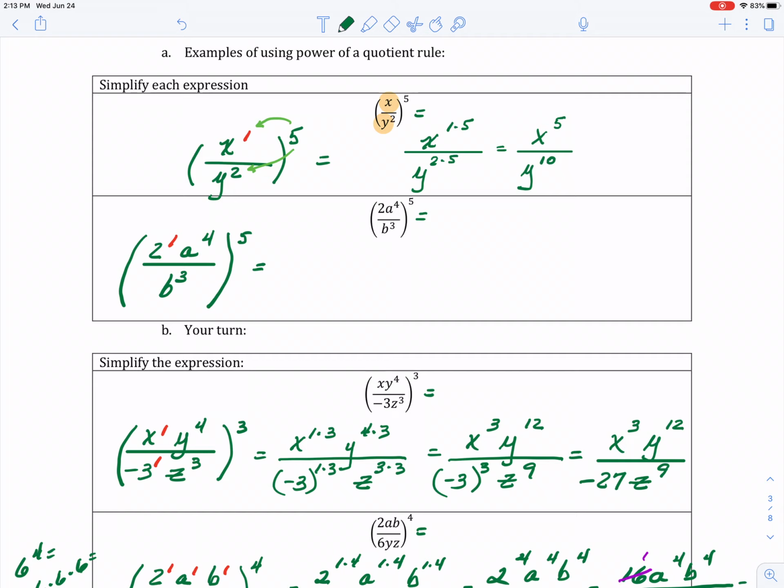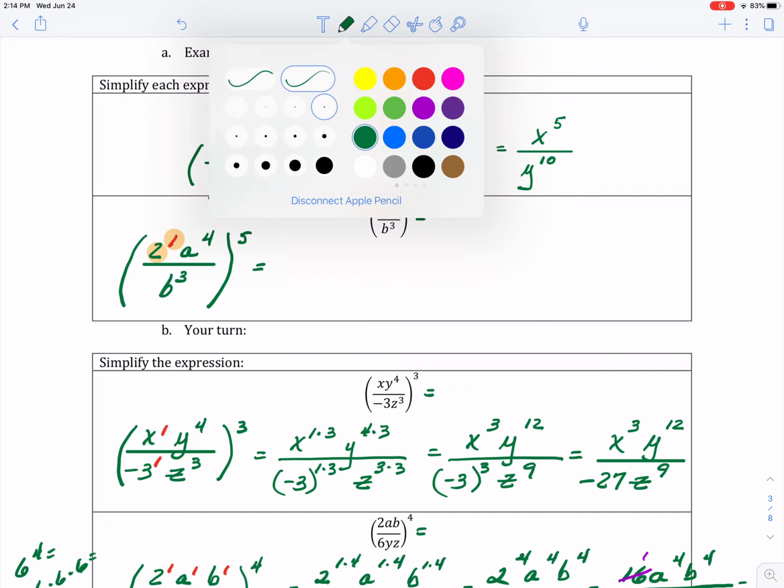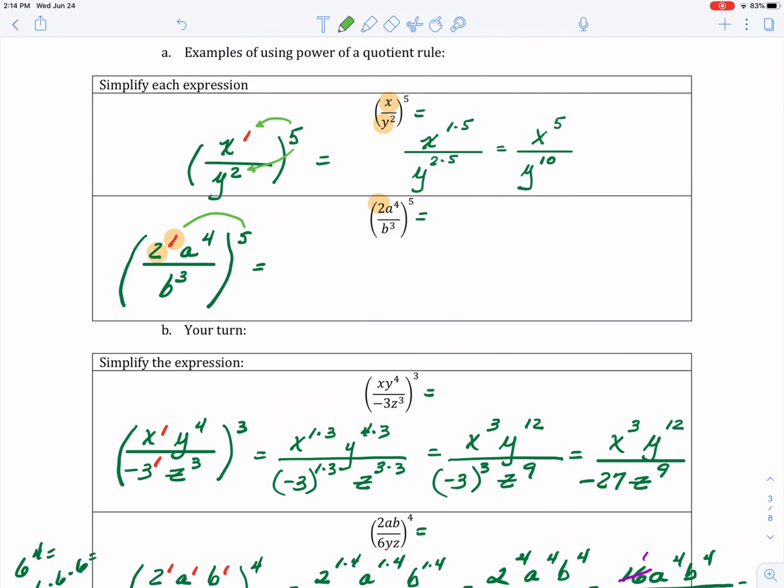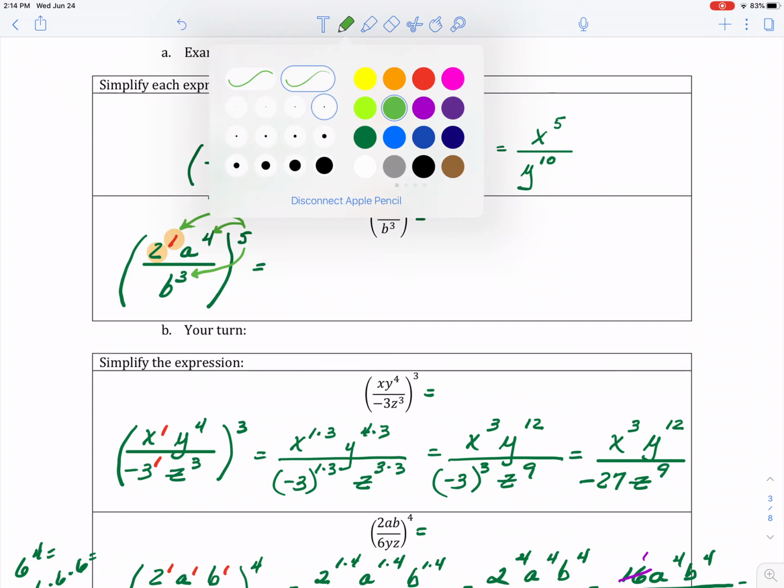This one has a number in it, and you need to be extra careful with these numbers. Notice that, again, I have called to your attention that this 2 is raised to the power 1. Notice that the bases are different. One is a base A, one is a base B, the other one's a base 2, of course. And you're going to see me again take this 5 on the outside of the parentheses and multiply every exponent on the inside of the parentheses by that 5.